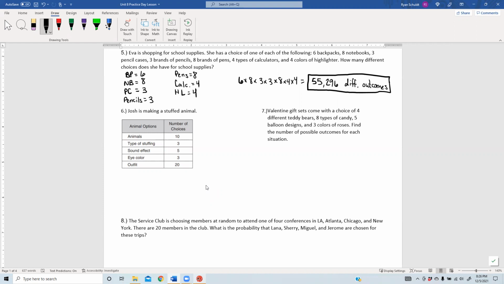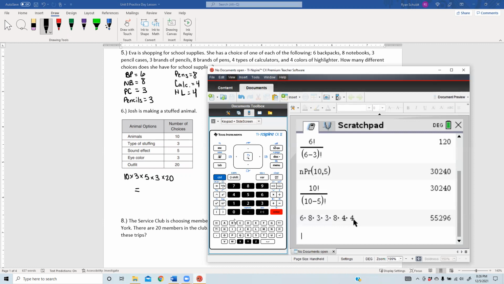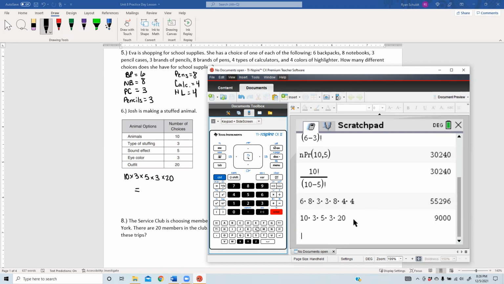To figure out how many choices, you do 10 times 3 times 5 times 3 times 20. That's 9,000.